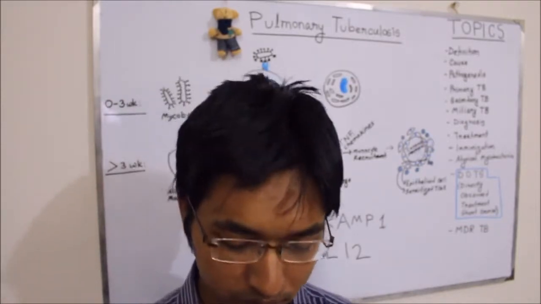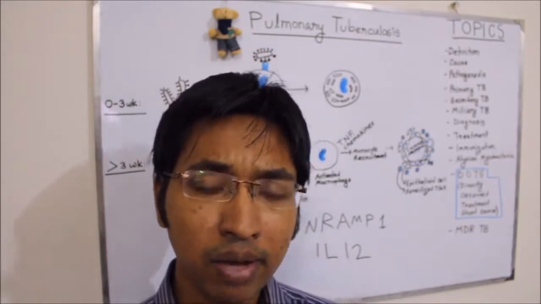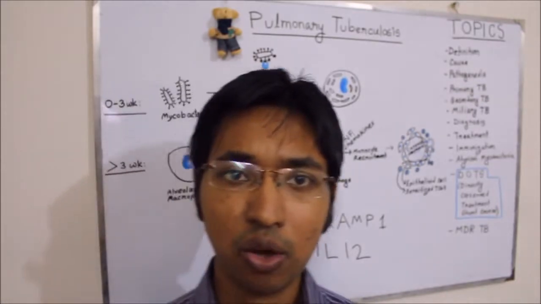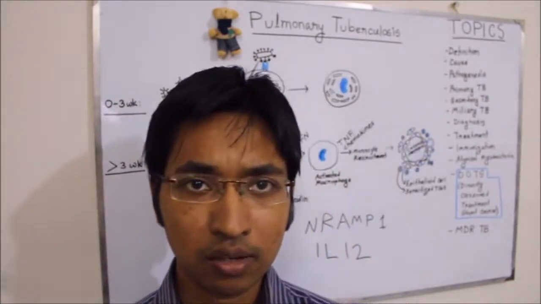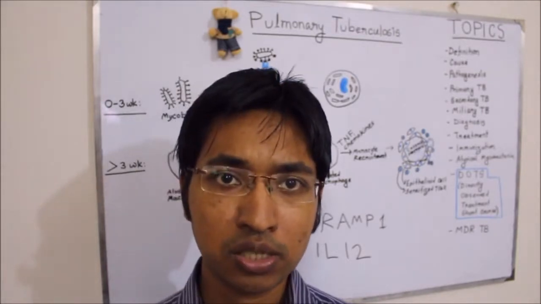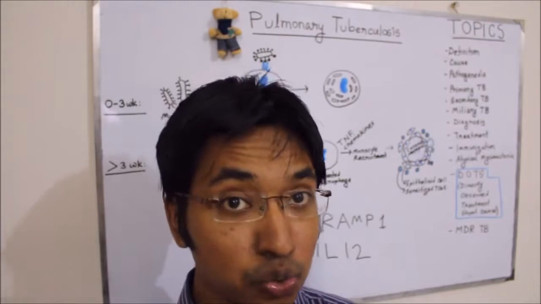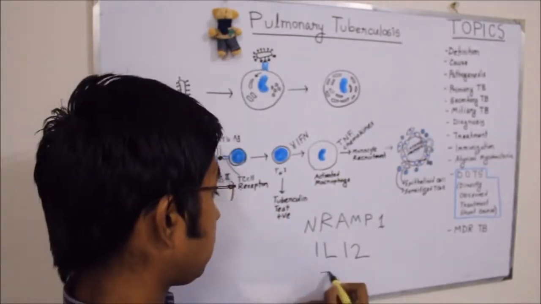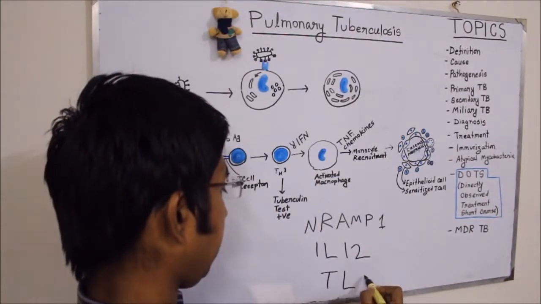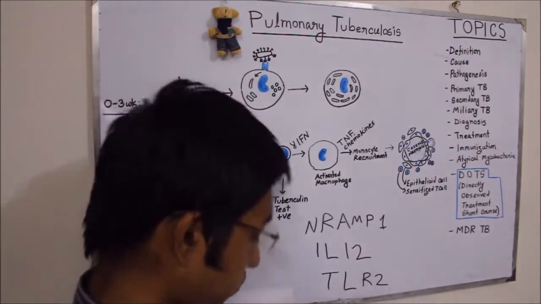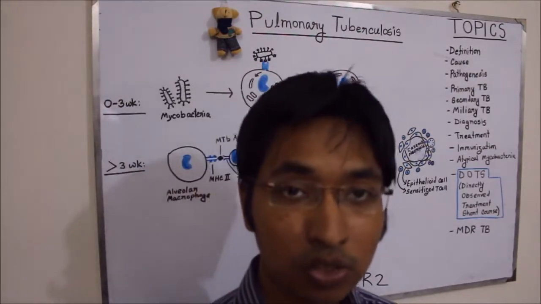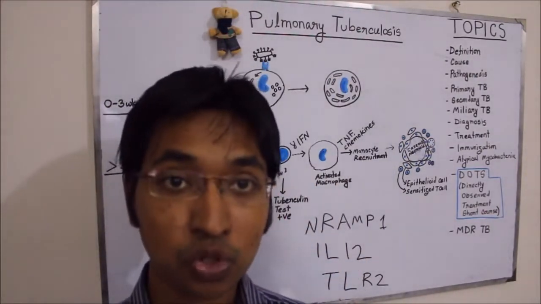Mycobacterium tuberculosis. And the mechanism is, Mycobacteria, besides producing a lot of pathogenic molecules, also produces some particular molecules that can bind to toll-like receptor TLR2. Okay, and so those are ligands for toll-like receptor.